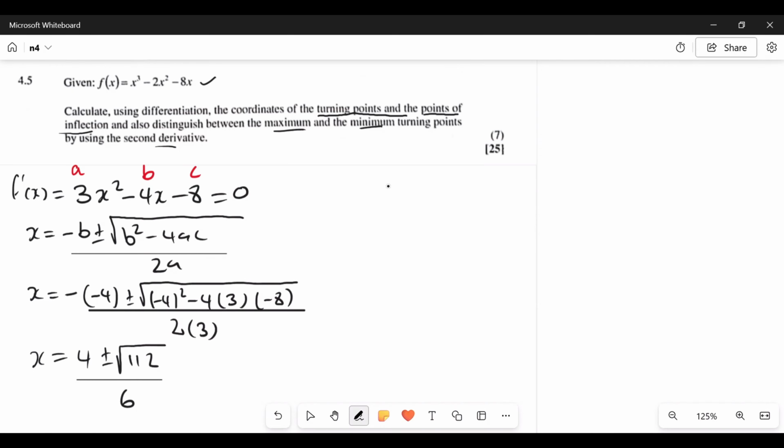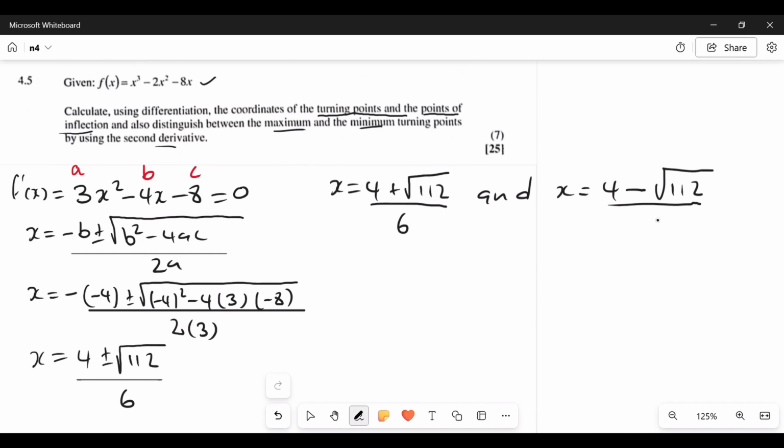Let's continue here on the top right. We know that we can write it like this: x is equaling to 4. Remember, we have plus or minus there. We can start by saying plus, and then we have the root of 112 divided by 6, and x is equaling to 4 minus, instead of positive this time around, square root of 112 divided by 6.